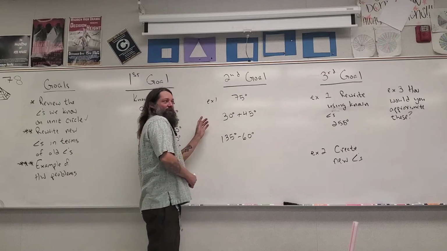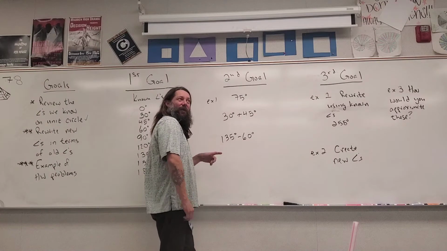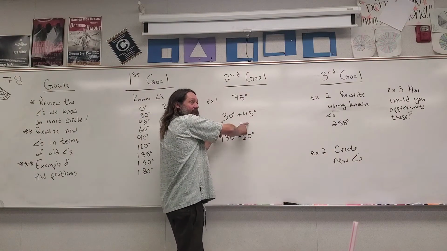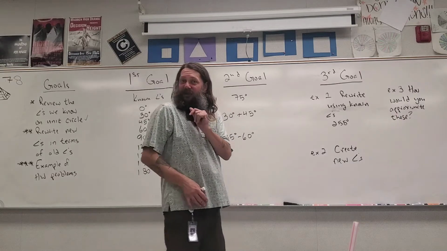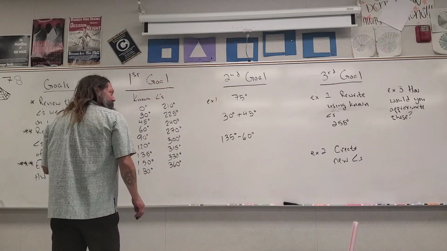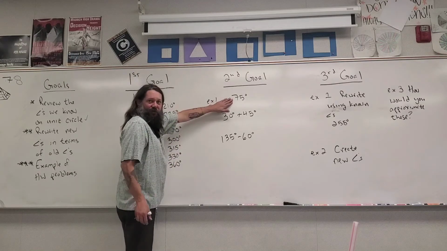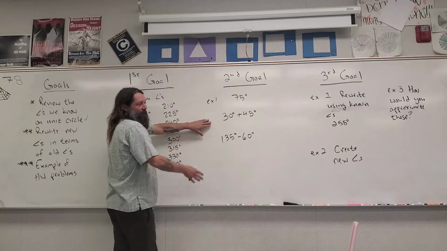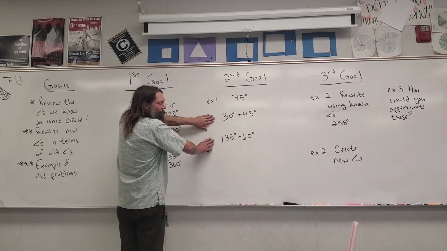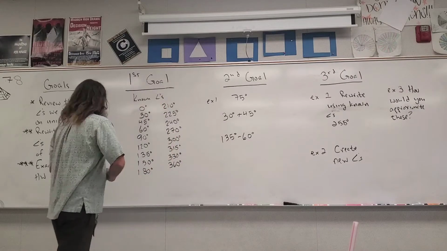If this was a cosine, it's not so easy as adding the x-coordinates together, or the y-coordinates if it was sine. It's a little more complicated than that, but in order to get to that point, we need to understand how to deconstruct new angles in terms of angles that we know. So there are multiple ways to get to an angle. I can add or I can subtract. Just keep that in mind.